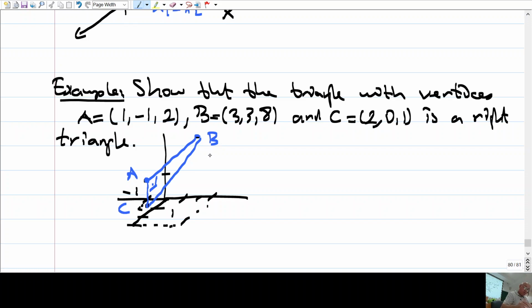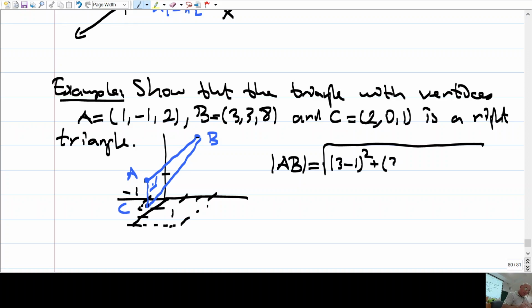Well, let's compute the distances. What is the distance A to B? I will denote the distances like this, A to B. What is this? Square root of the sums of squares of the coordinate differences. So 3 minus 1 squared plus 3 minus minus 1, so it is plus 1 squared, plus 8 minus 2 squared.